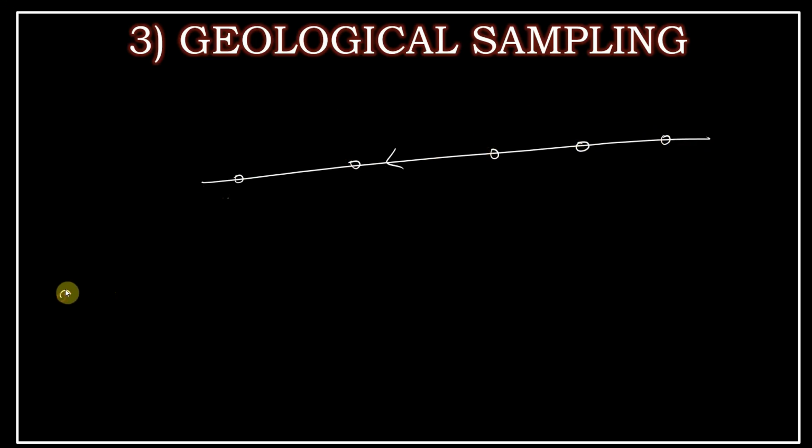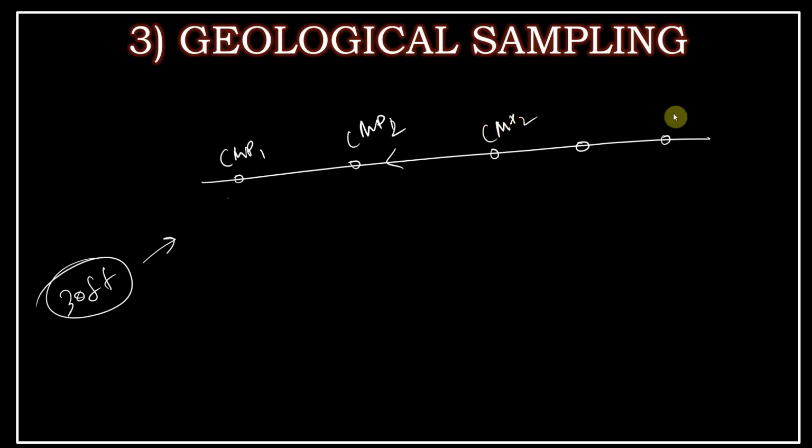Let's say up to 30 feet you have done some geological sampling. This will help you, and make sure that point is your CMP point, so that you can calibrate your CMP results and your GPR results. So this is your GPR profile, let's say profile 1, and these are the boring locations.